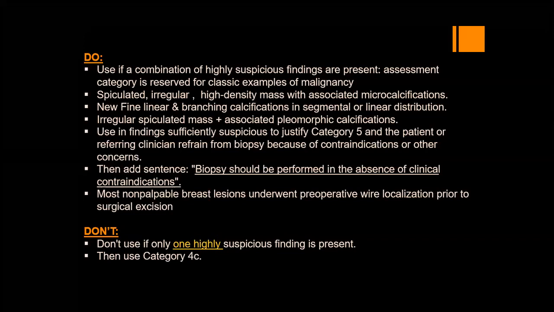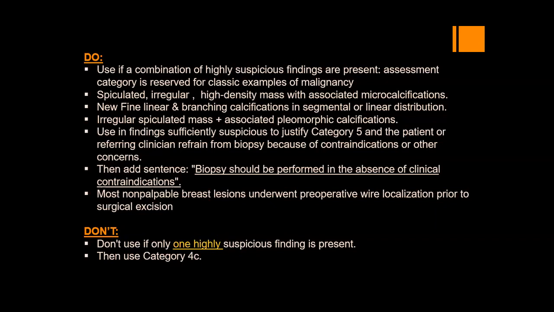If the findings are sufficiently suspicious to justify category 5, and the patient or referring clinician refrains from biopsy because of contraindication or other concern, then we code it as BI-RADS 5 and add the sentence: biopsy should be performed in spite of, or in the absence of, clinical contraindications.